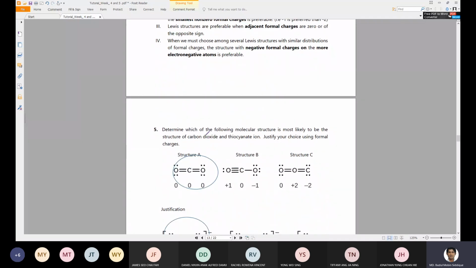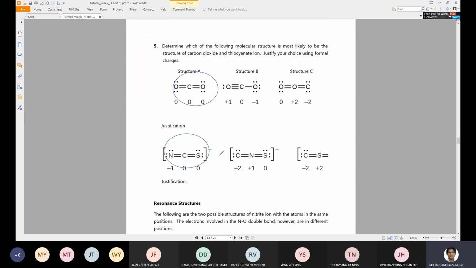For here, question number 5 is actually a structure of thiocyanide. Okay, fulminate ion. Sorry, it's not thiocyanide, it's fulminate ion. And which one is fulminate? No, this is thiocyanide.